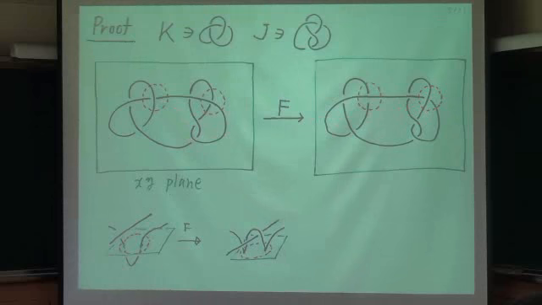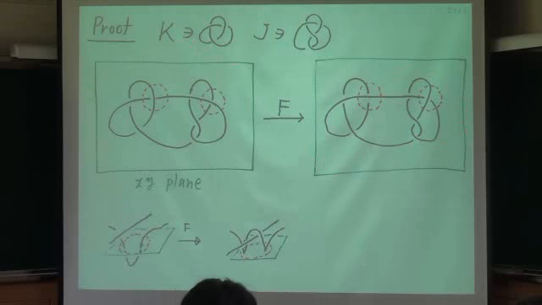So after all, we see if we map this knot by F, the image has a crossing change. So you see this is unknotted, and we now have the figure-eight knot.